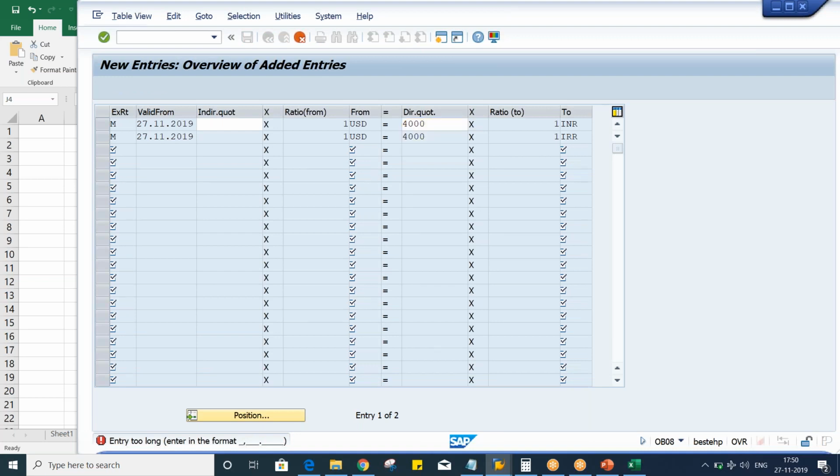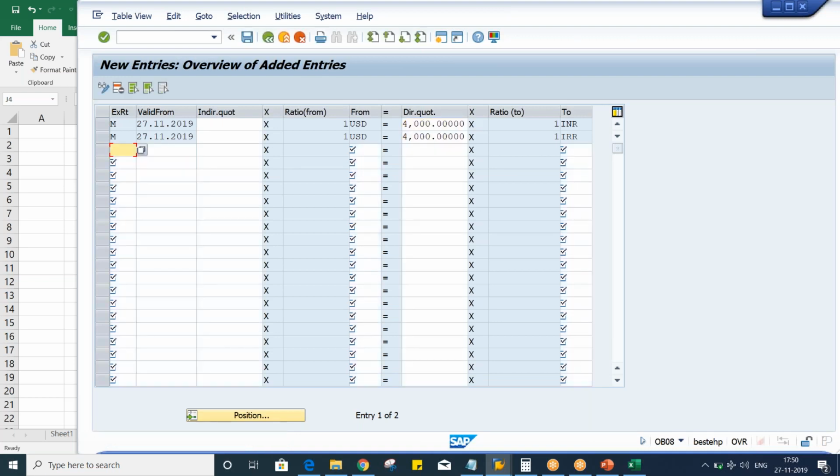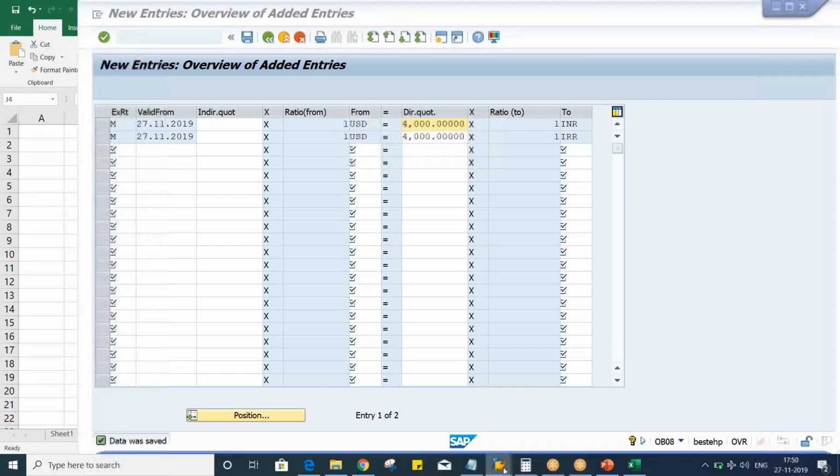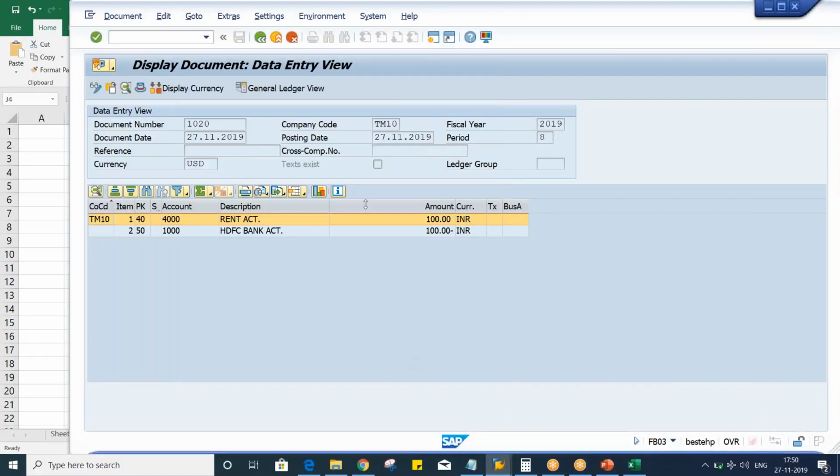So the system is taking 4,000. You save it. Now the system has taken 1 USD equals 4,000 INR. So if you post the invoice here, for 1 USD the system is going to show 4,000 INR in Indian currency.